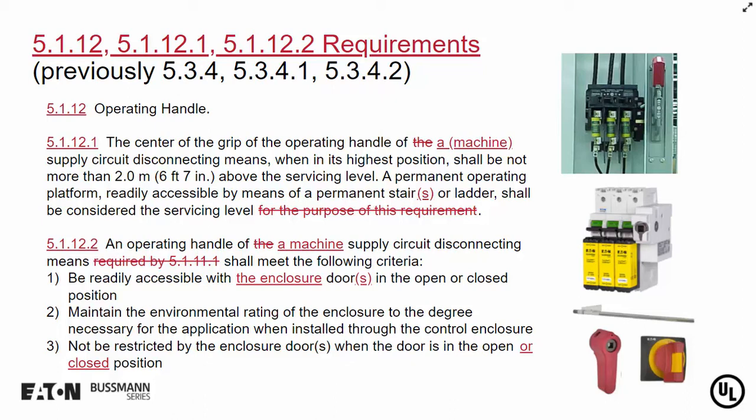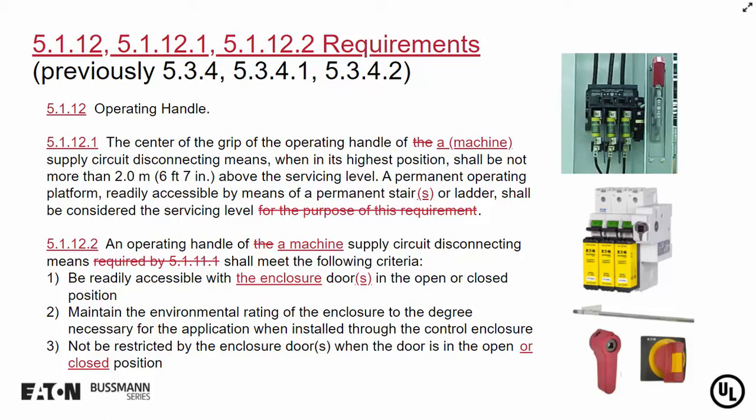So with regards to the operating handle, it has a specific limitation as far as the height above the servicing level, for example, the ground floor of a factory where a machine is located. However, you could have a raised platform that's permanent, and then you're allowed to use the level of that platform to determine the maximum height of the operating handle.